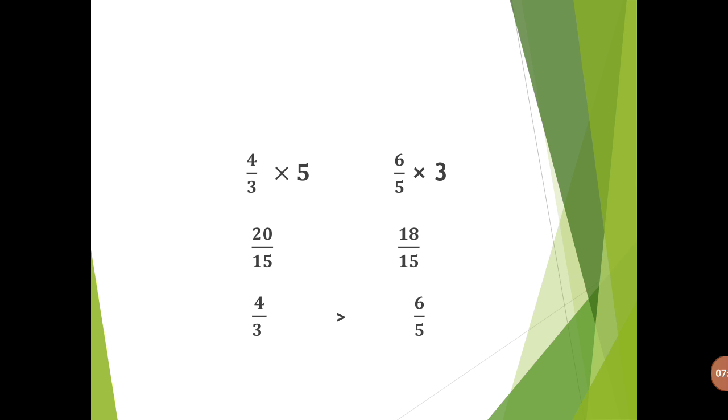We have to change this fraction into the common denominator. That's why we are multiplying the fraction by the opposite denominators.